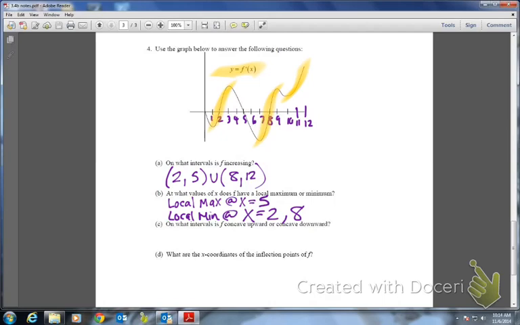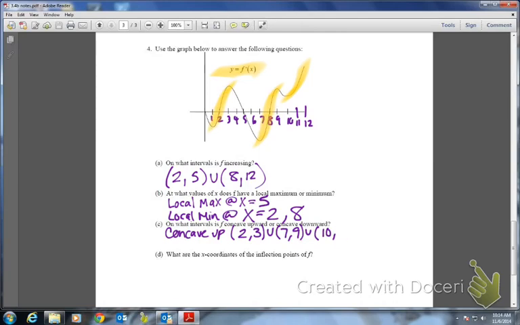Good. So there are 3 intervals where it's increasing. So I'm going to say, or actually this is concave up, huh? So concave up from 2 to 3, union 7 to 9, union 10 to 12.